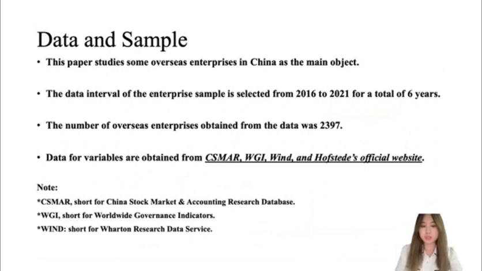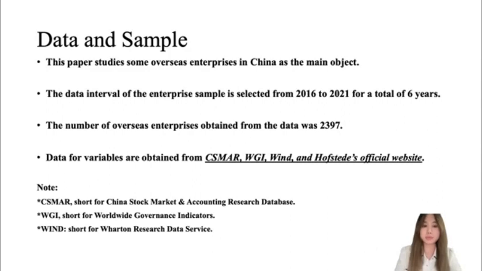Next, this slide is about data and sample. The data interval of the enterprise sample is selected from 2016 to 2021, for a total of 6 years. The number of overseas enterprises obtained from the data was 2,397.